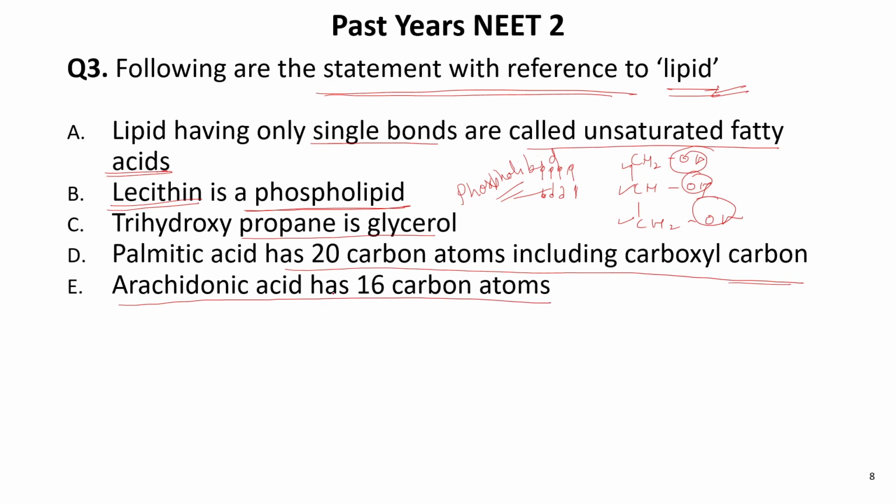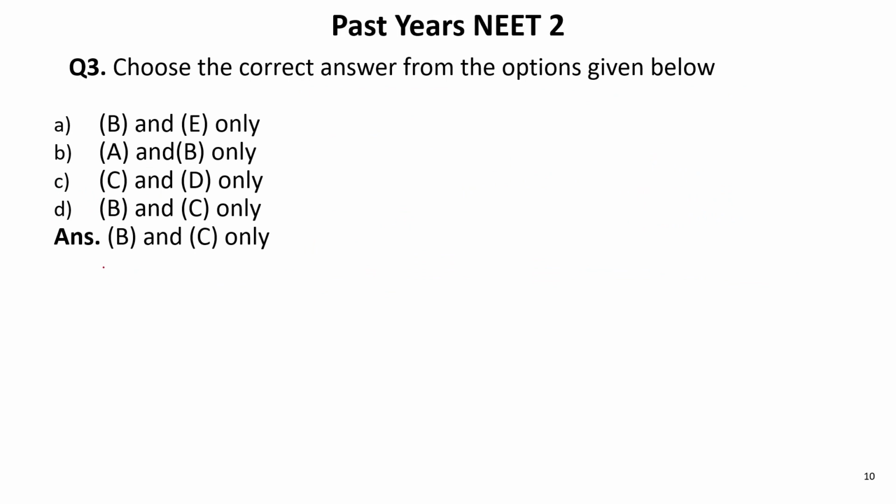So if you read the NCERT, you will find that palmitic acid has 16 carbon atoms, whereas arachidonic acid has 20 carbon atoms. Lipid having only single bonds are called unsaturated fatty acid: this is incorrect. So only statements B and C are correct.